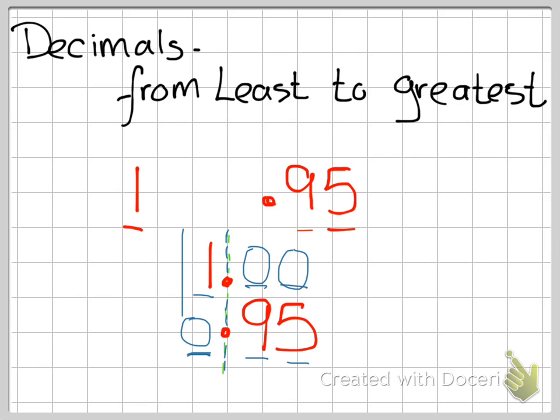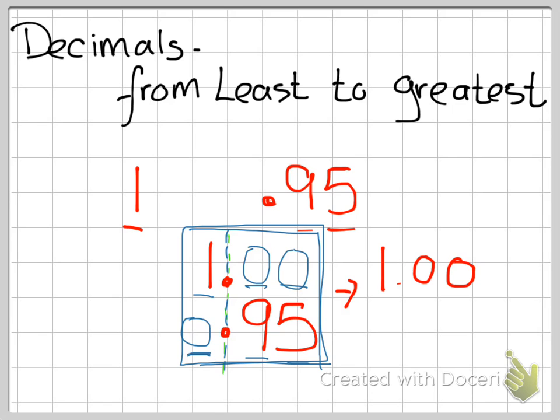So whenever you're comparing decimals, you should always stack them up, decimal on top of decimal, and fill in any empty place values. It should make a nice rectangle, right? All the place values are stacked on top of each other. And then it appears that you're just comparing these two numbers, 100 and 95. And it's easy to tell that 100 is greater than 95.